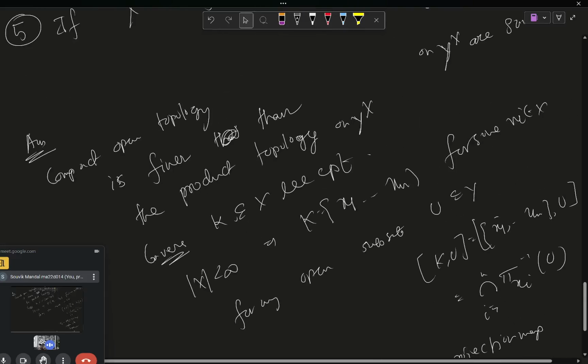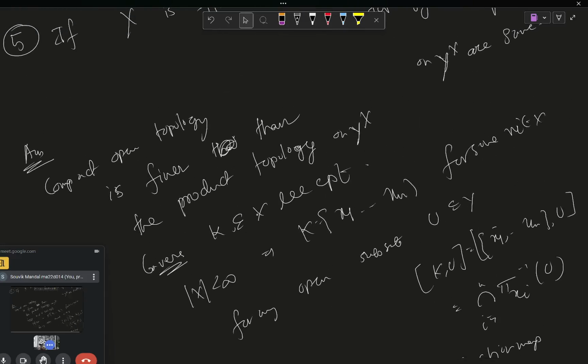So the argument goes as follows. First of all, the compact open topology is finer than the product topology on Y to the power X. And for the converse part, let K subset of X be compact.